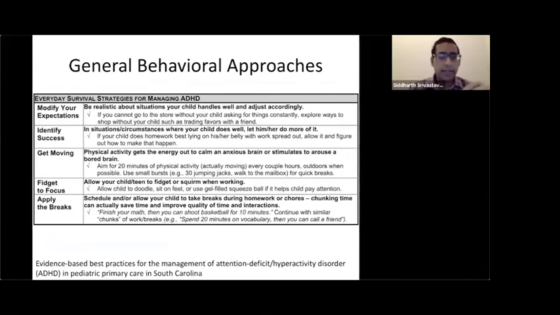Identifying success: if there's a situation that your child does really well in, amplify that situation. Get moving, so encouraging physical activity on a regular basis. Allowing fidgety behavior when you're working, which may help your child pay more attention in some cases. Applying the brakes, so scheduling time for breaks after working on an activity for some period of time.